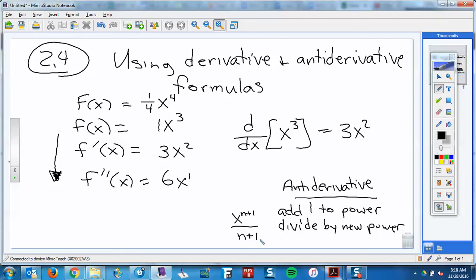And if you think about that, that worked all the way up here, right? If we start down here, at the bottom and do that, this would work, right? So antiderivative, raise that up to a 2, and then divide by the new power. Divide by 2. What's 6 divided by 2? 3. Raise that up to a 3, and then divide by 3.